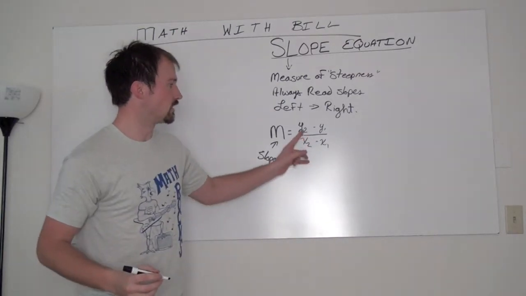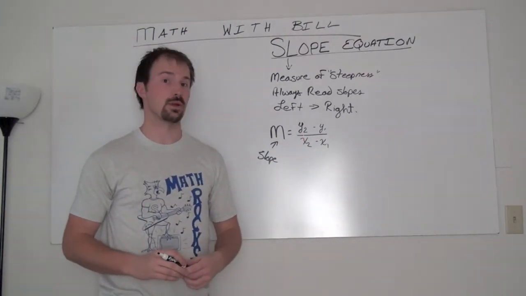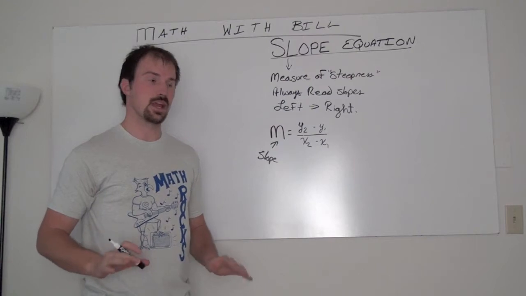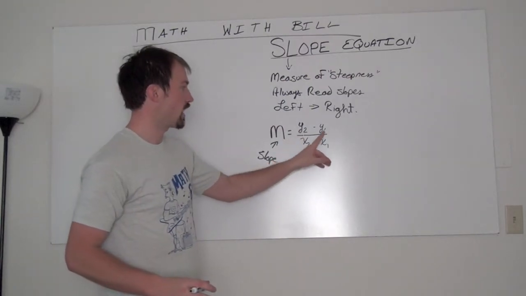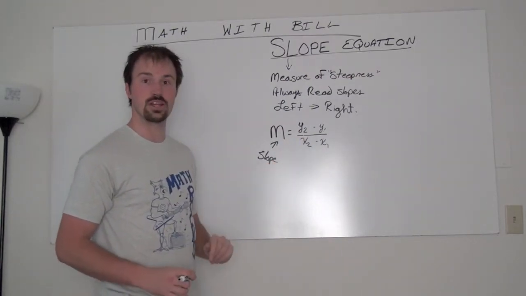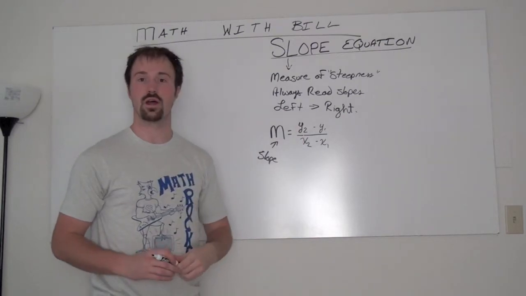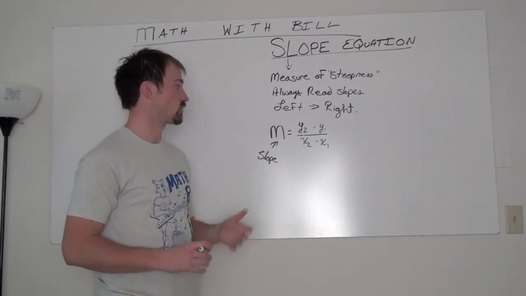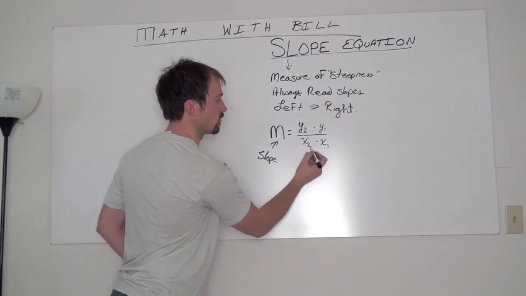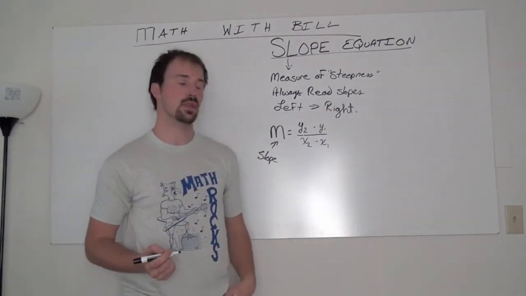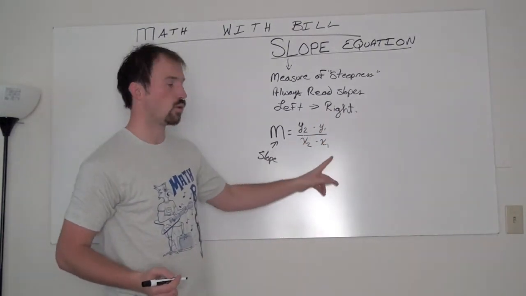Now, these little numbers underneath are called subscripts, and subscripts are simply there to let us know that this y is different from this one over here. So the y2 is different than the y1, x2 is different than the x1, but you'll notice that they're stacked vertically on top of each other. The 2's go together, the 1's go together.